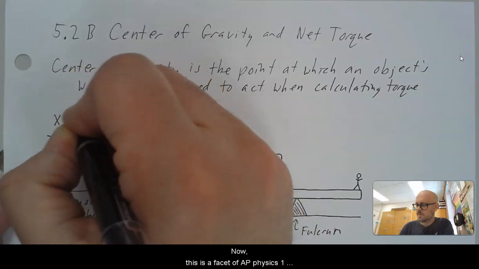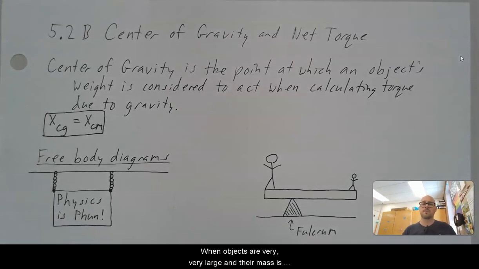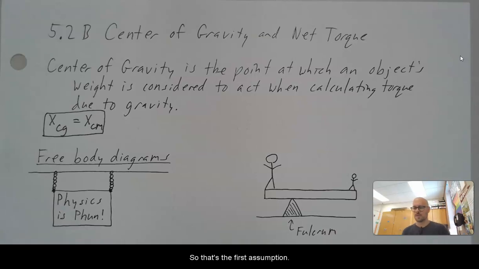Now, this is a facet of AP Physics 1 and most introductory physics courses. When objects are very, very large and their mass is not distributed evenly, their center of gravity can be at a different location because the ends of the object are very different distances away from Earth's surface, let's say, or Earth's center. So that's the first assumption.